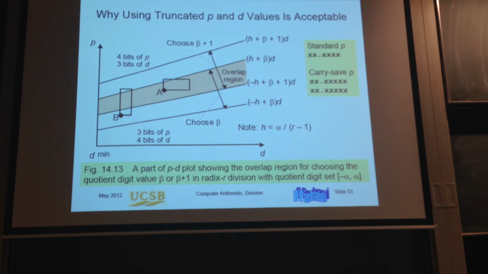Your first idea will be, because P is in carry save format, I should try not to inspect a lot of bits from P, because inspecting P means inspecting twice the number of bits that you would inspect in normal format. Here, I have P in carry save, this is the value of P that I'm computing, but I have to inspect twice the number of bits. My first idea would be, let's try not to inspect too many of those.